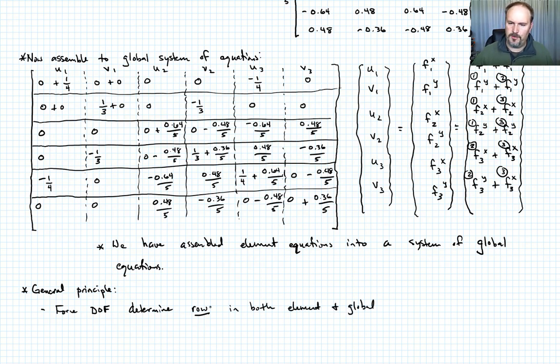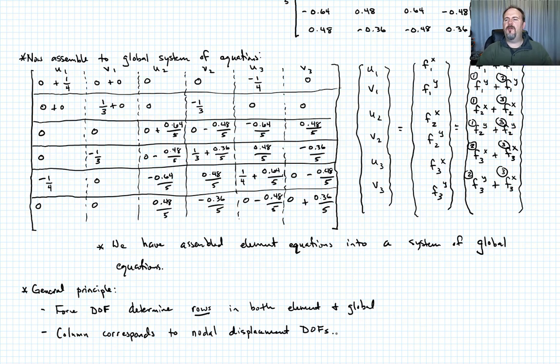Maybe I should say rows, because the row it tells you in the element isn't necessarily the row it's going to be in the global, but you'll be able to identify the row by the force degree of freedom. And the column is going to correspond to the nodal displacement degrees of freedom.